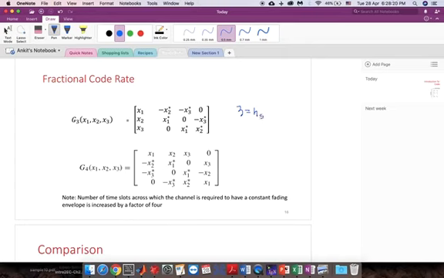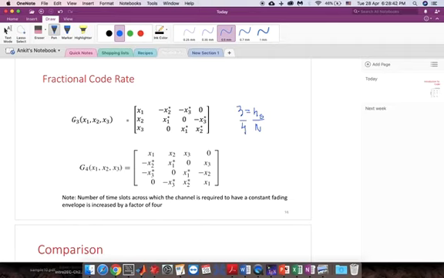And what about the time intervals? Capital N is 4. Similarly, here it will again be 3 by 4. So what is the main difference between these two? The rate is the same, right.